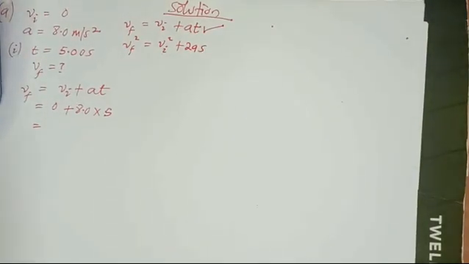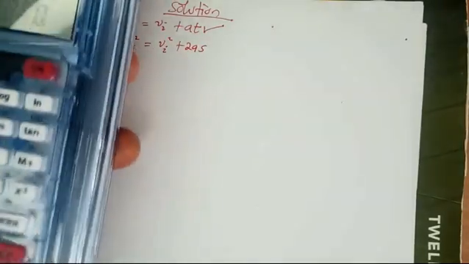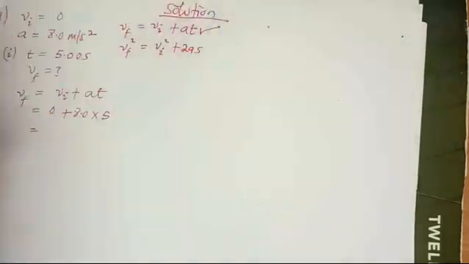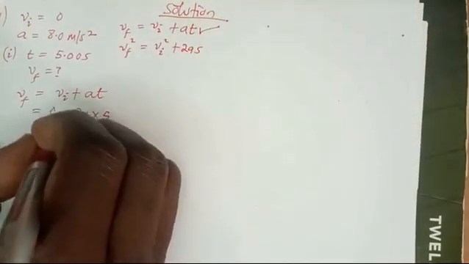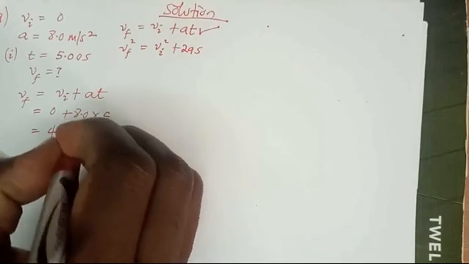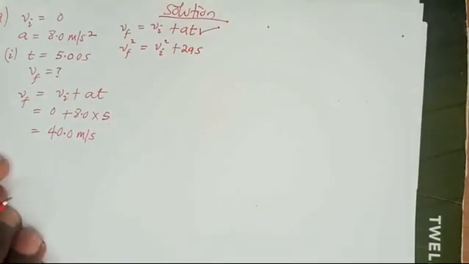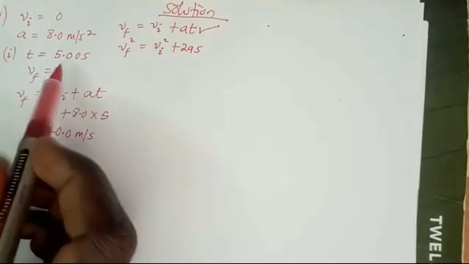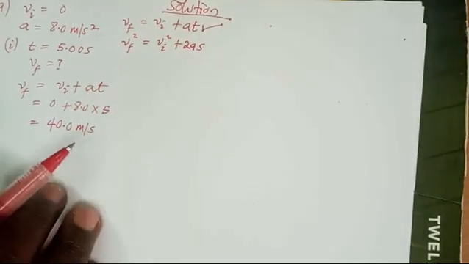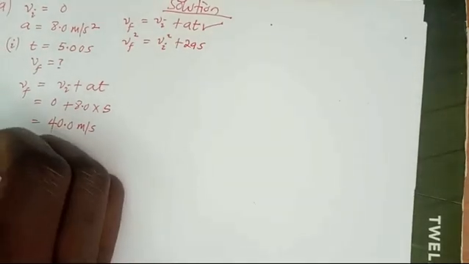Press 0, then plus 8.0 multiplied by 5. Now you press the equals sign and you can see that your answer is 40. Remember the quantity is velocity, so 40.0 meters per second. It started from rest, and after 5 seconds the velocity is 40.0 meters per second.